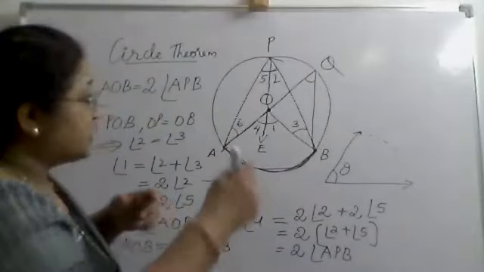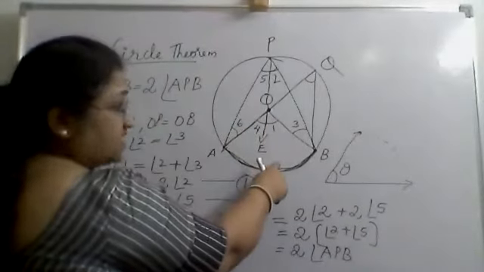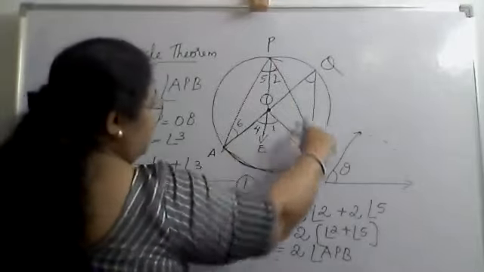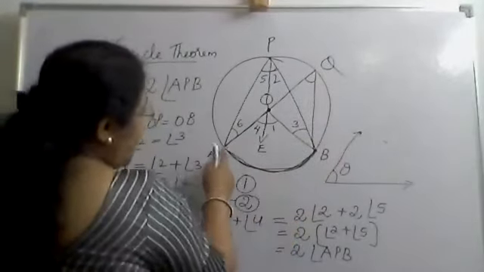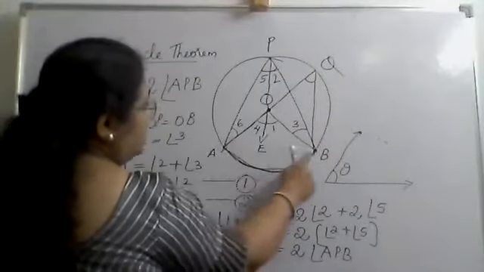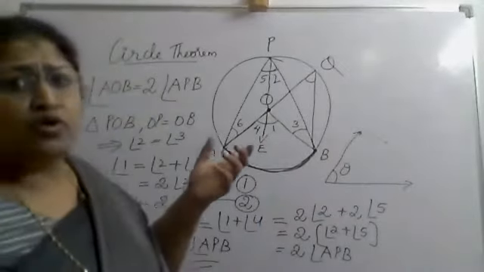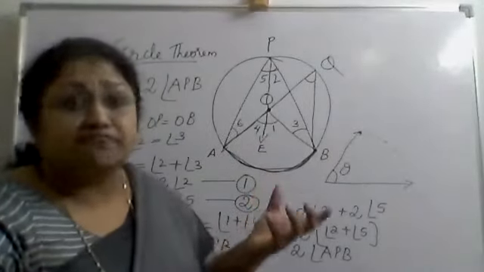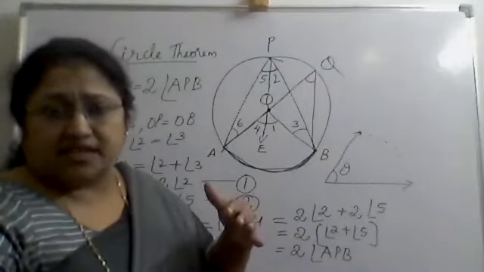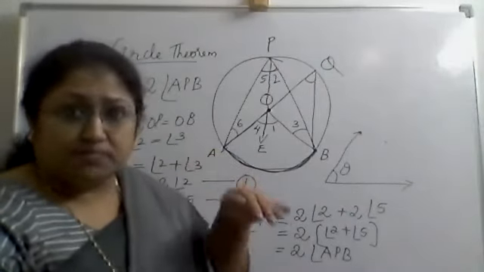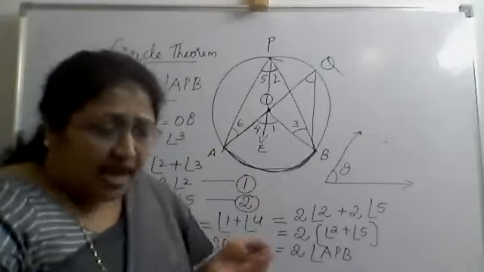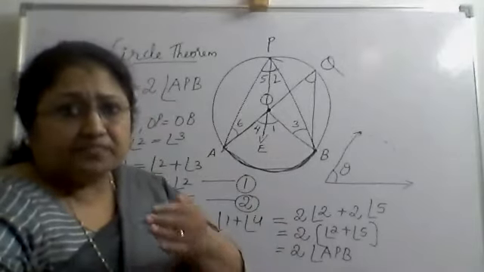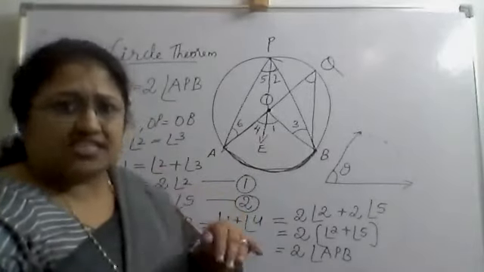Angles in the same segment of a circle, as far as this concept is concerned, are nothing but APB as well as AQB, and this is the arc with the tips A and B. How can we define a segment? A segment is the region between an arc and a chord.